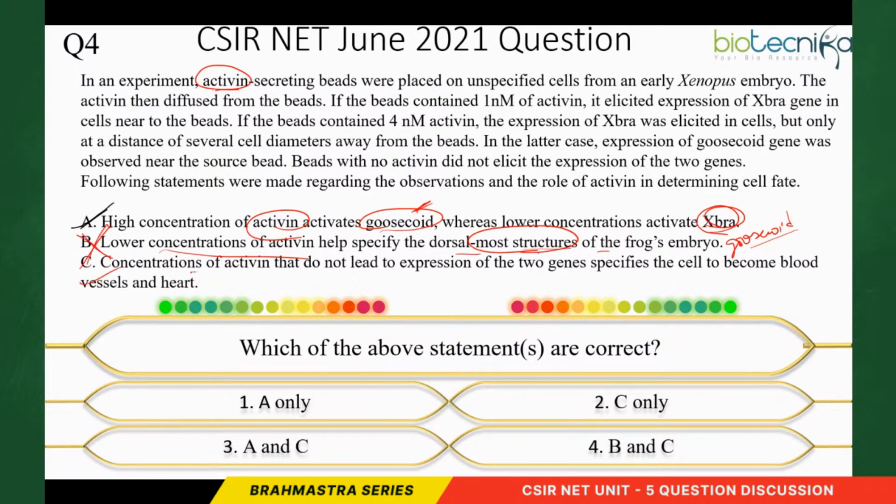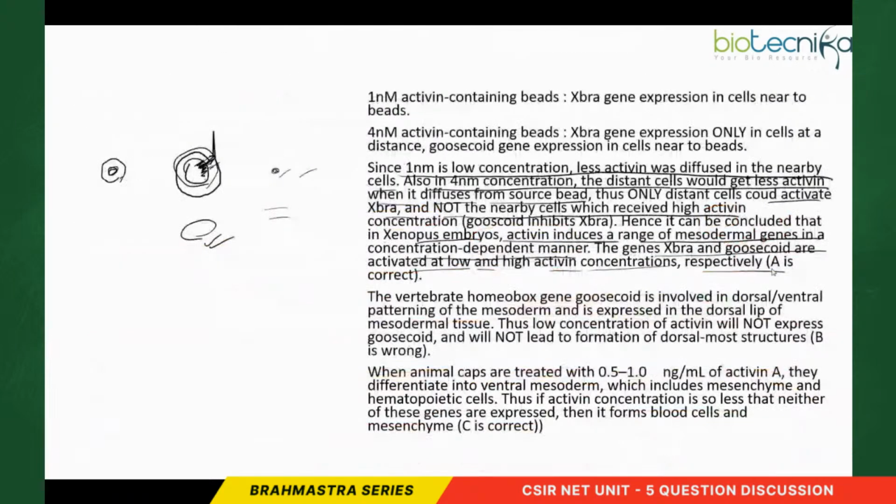Again, C is correct, because a concentration of activin that does not lead to expression of the two genes specifies the cells to become blood vessels and heart. These would be formed from the ventral mesoderm. Obviously, if the concentration of activin is less, then it will not lead to the expression of goosecoid, and that would lead to the formation of blood vessels and the heart.